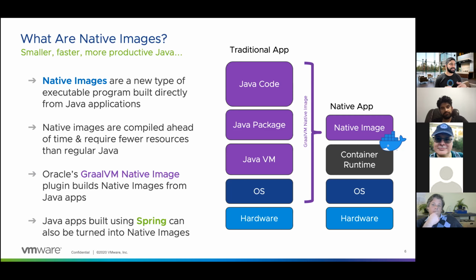So these are essentially a new type of executable program built from your Java application, right? And then you just run it on the target platform without a JVM. So in the image here, you can see the traditional stack. You have hardware, OS, and then you have the Java virtual machine. You have your Java packages, different packages, and your Java code.